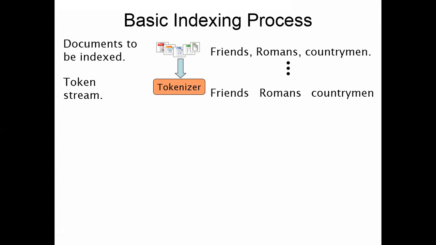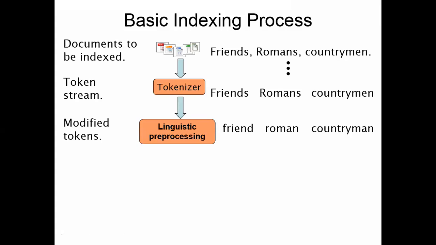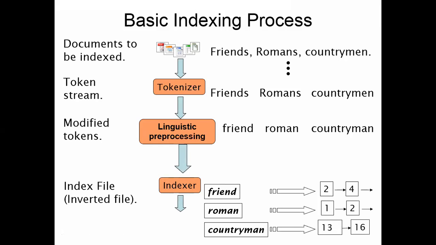To convert them into index terms, we have to apply linguistic pre-processing or text pre-processing. Stop word detection, normalization, and stemming should be applied.